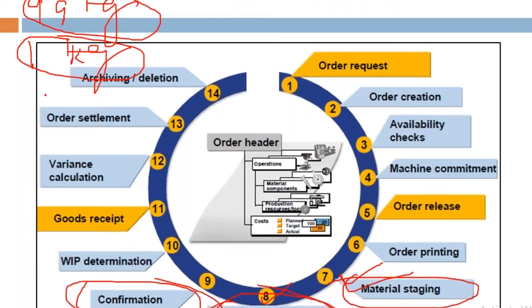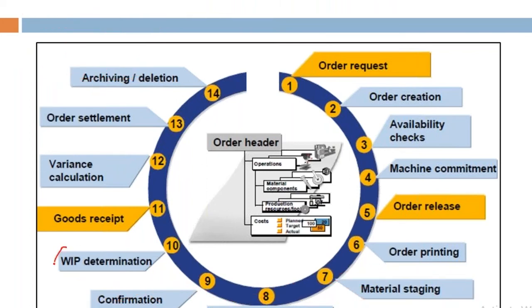What is the output yield? What is the loss? What are the machine timings? Actual start time, actual end time, all those things they will enter into the system. That is called confirmation. What are the different methods of confirmation? Header level confirmation, operation level confirmation, milestone confirmation, all those different types of confirmations we will discuss.